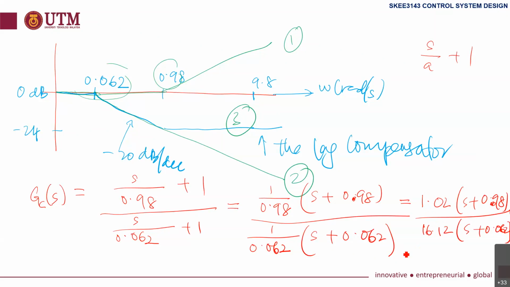And finally, the transfer function is 0.063 (S plus 0.98) over (S plus 0.062). That is the transfer function for the lag compensator.